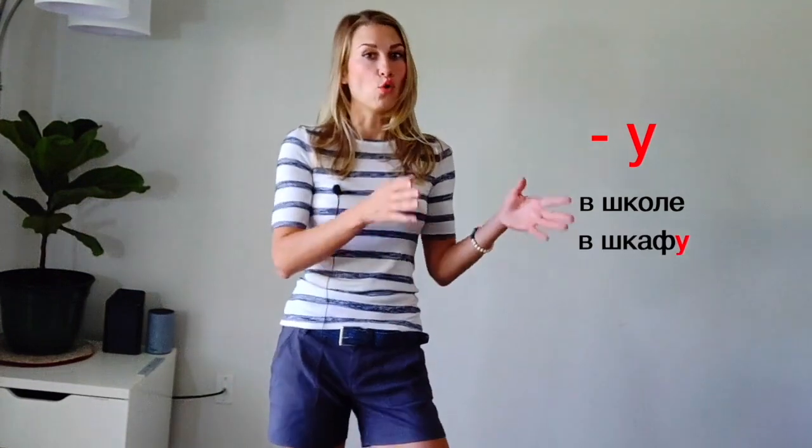And here we have some exceptions. In some cases, with prepositions в or на, we use ending у. For example, instead of школа, в школе, it will be шкаф, в шкафу, or мост, в мосту, or на мосту. These are the cases you have to memorize.